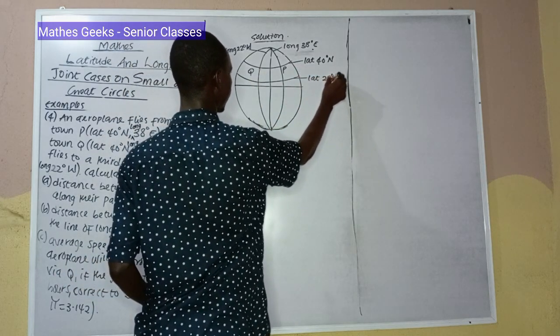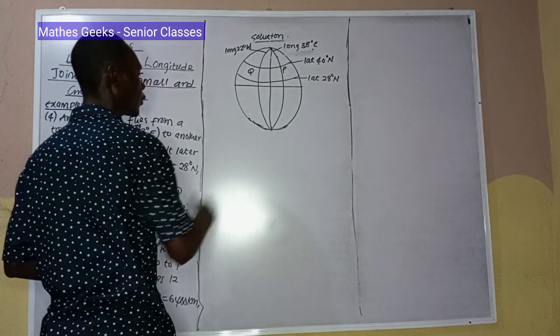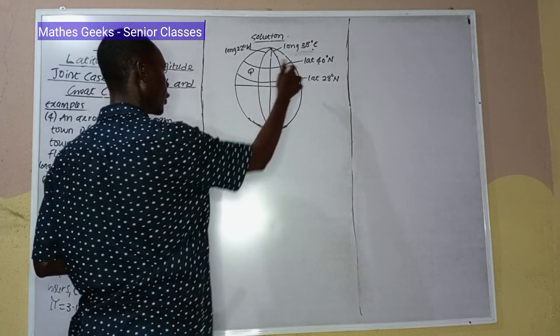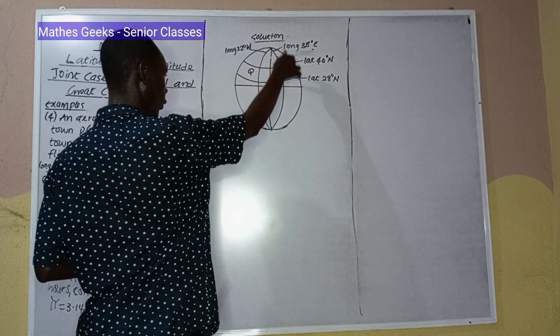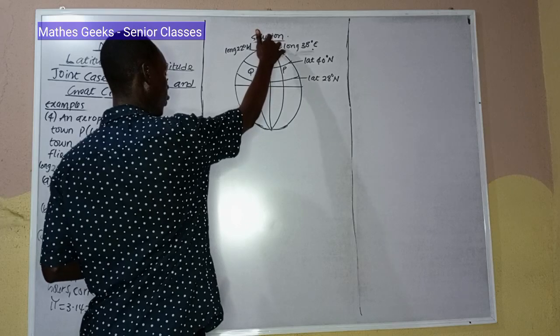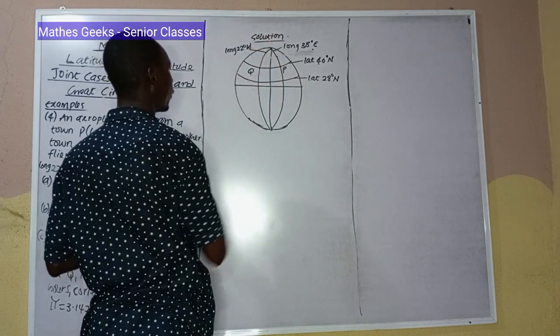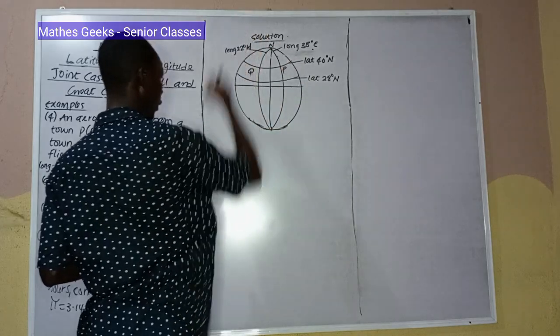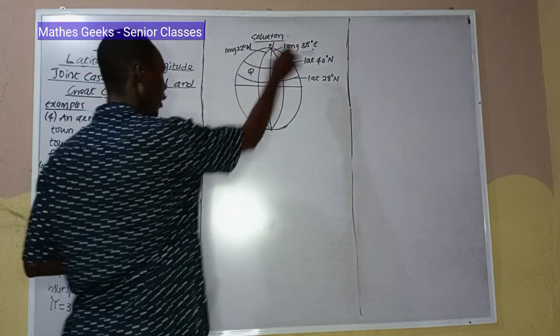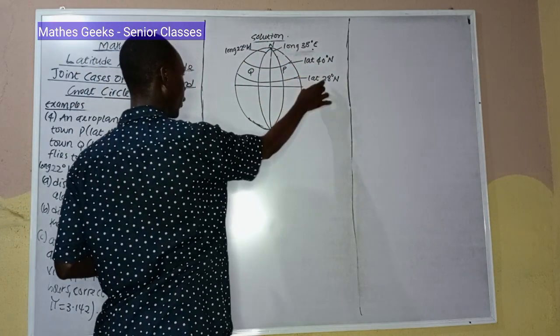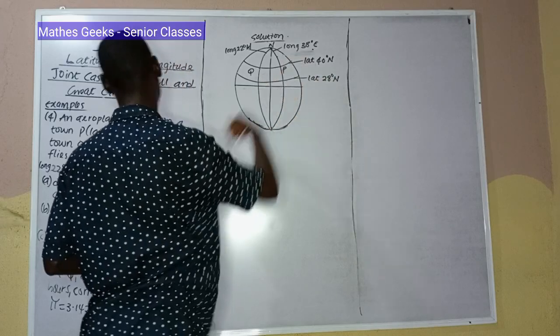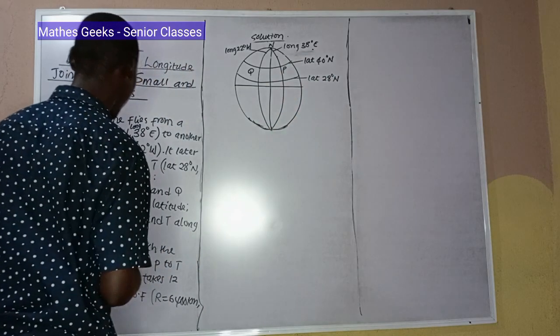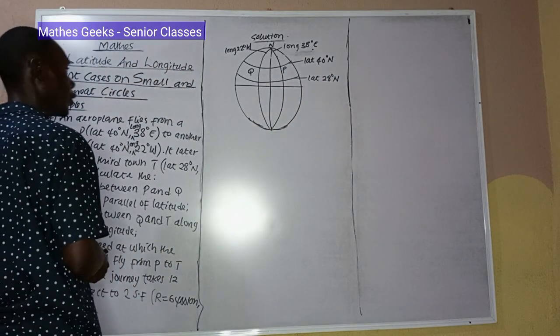Latitudes increase as you go up from the equator toward the northern pole. The equator is 0, so from 0 upwards, the lines of latitude increase. So if this is latitude 40 degrees north, then this one, latitude 28 degrees north, should be down. So the next one is 28 degrees north and longitude 22 degrees west.